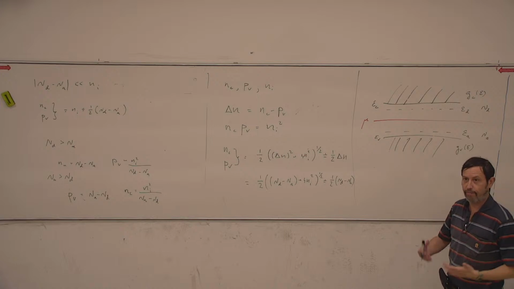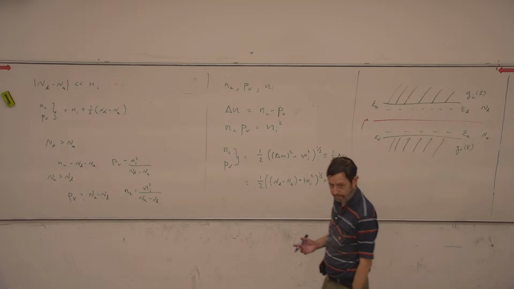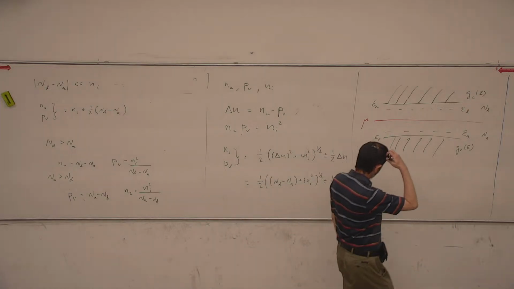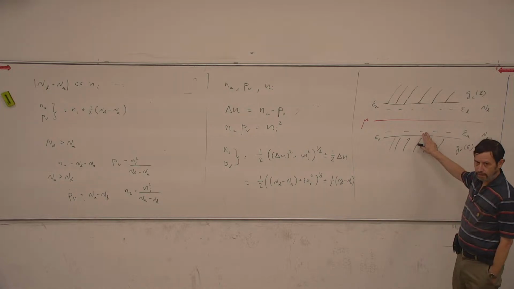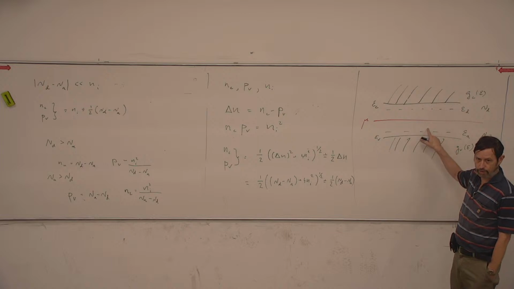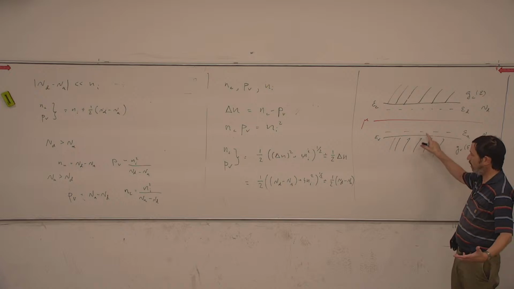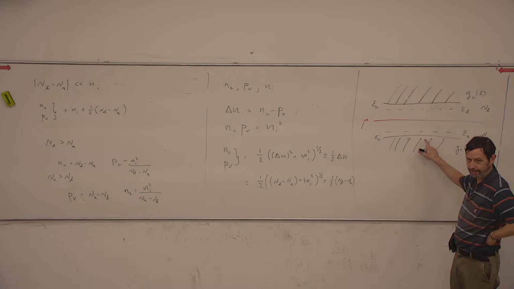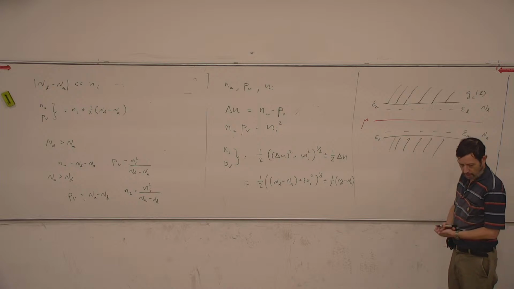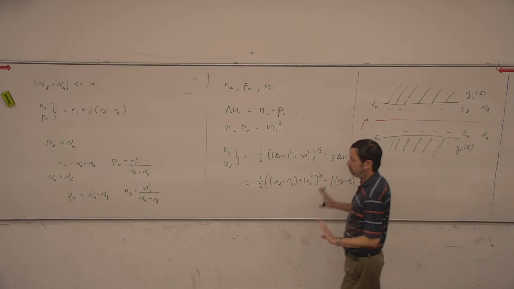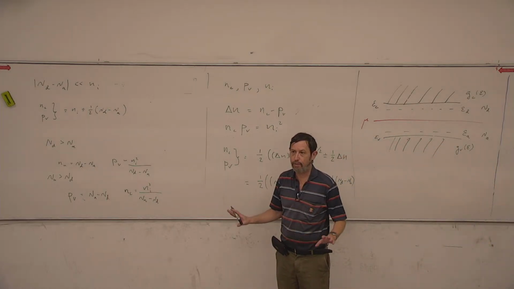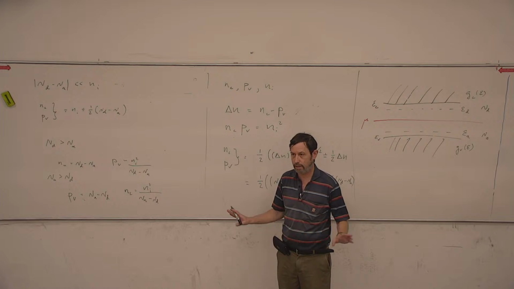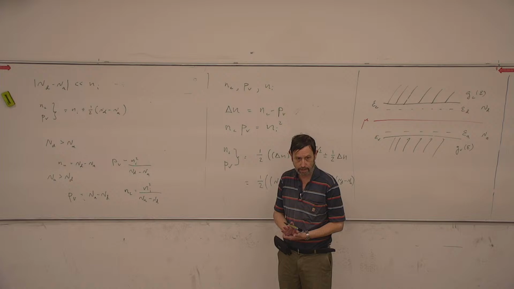Mirror picture if I have more acceptors than donors. Same thing. If I have acceptor states here, first of all, these guys will go down and fill them up, but I have additional empty states. So guys from here will move to here, creating more holes in these states. Okay, so we understand what happens when we have homogeneous filling of these states.